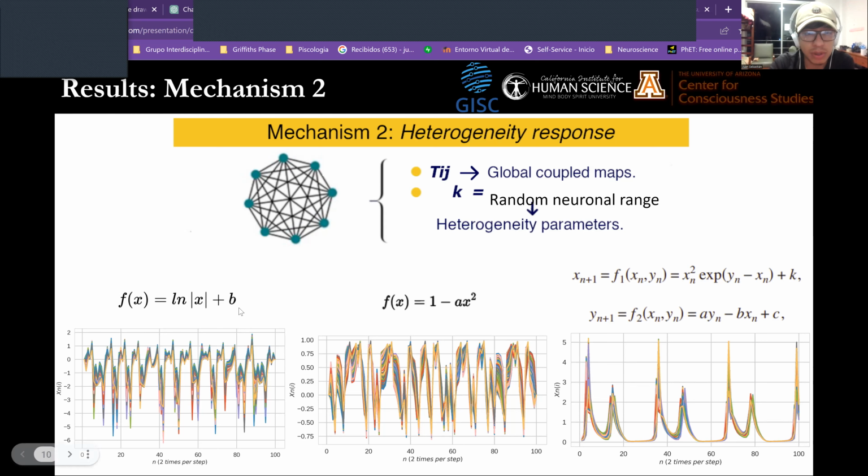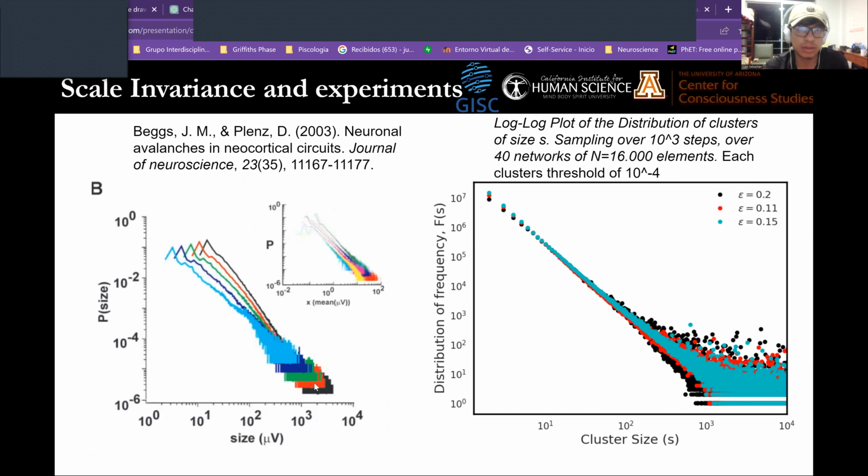So we do the same with different kinds of local dynamics inside the Kaneko equations. We do the same with logarithmic, with quadratic, and with Chialvo equations, and in all of them we found the Griffiths phase, which is a range of parameters. One important thing to consider this a critical region is scale invariance.